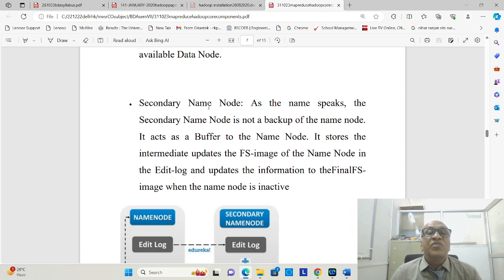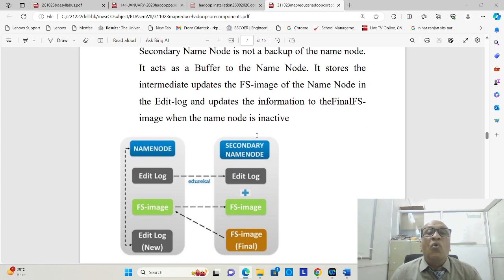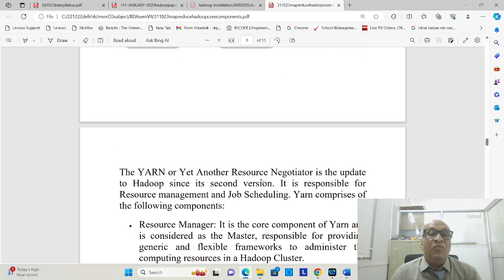Let us not confuse the secondary name node as being a backup of the name node. Rather, the secondary name node is a buffer to the name node. It stores the intermediate updates of the fs image file of the name node in the edit log, and it updates the same in the final fs image file whenever the name node is inactive. That is the role of a secondary name node.